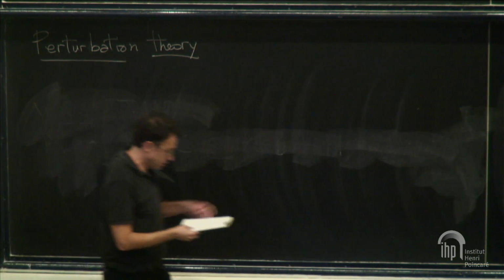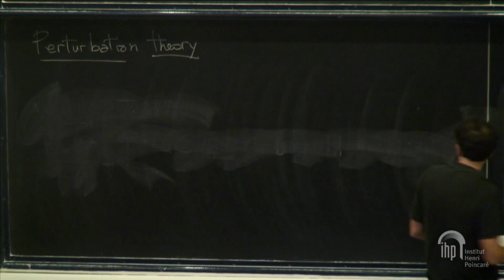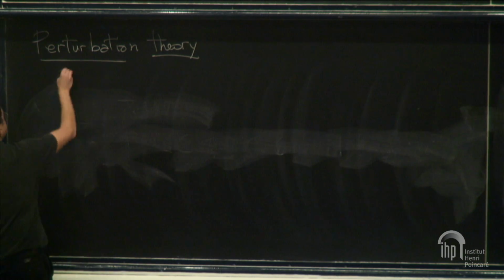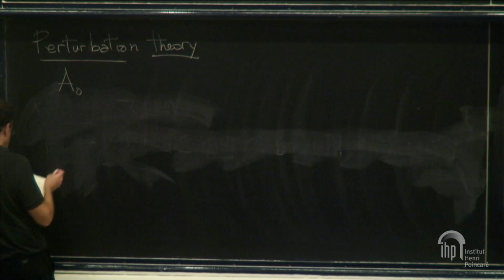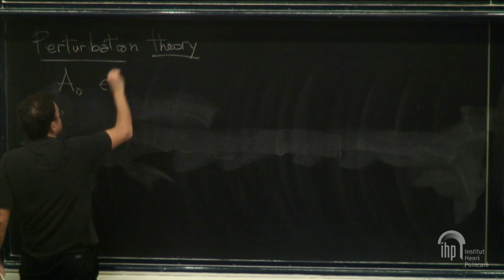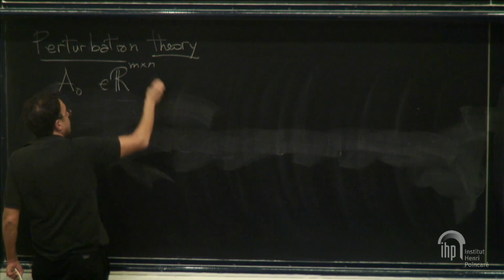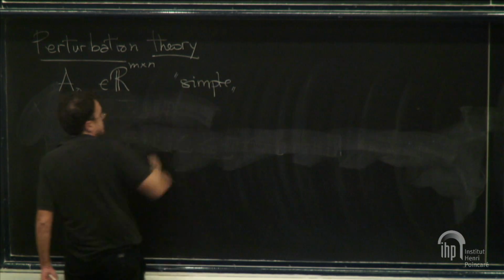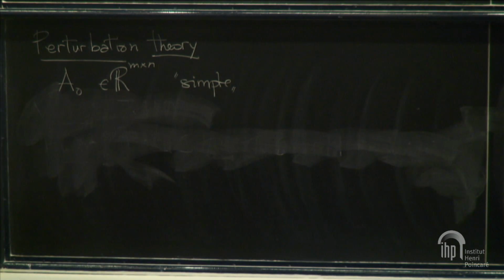So what is perturbation theory? Perturbation theory deals with the following problem. You have a matrix A0, again, say that this is m by n, and this is simple in some sense. So you understand very well its singular value decomposition.